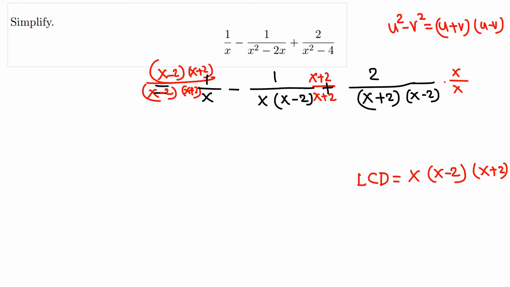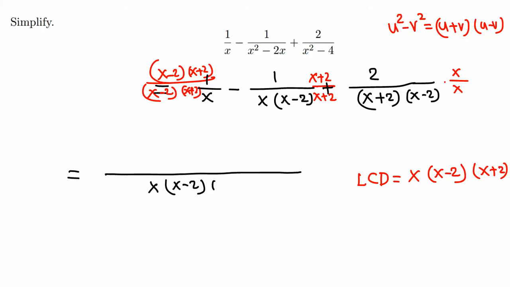Okay, now we have the common denominator, which is the LCD, x minus 2, x plus 2. Here in the first fraction we have x minus 2 times x plus 2. In fact, we can multiply these two binomials, which means FOIL.